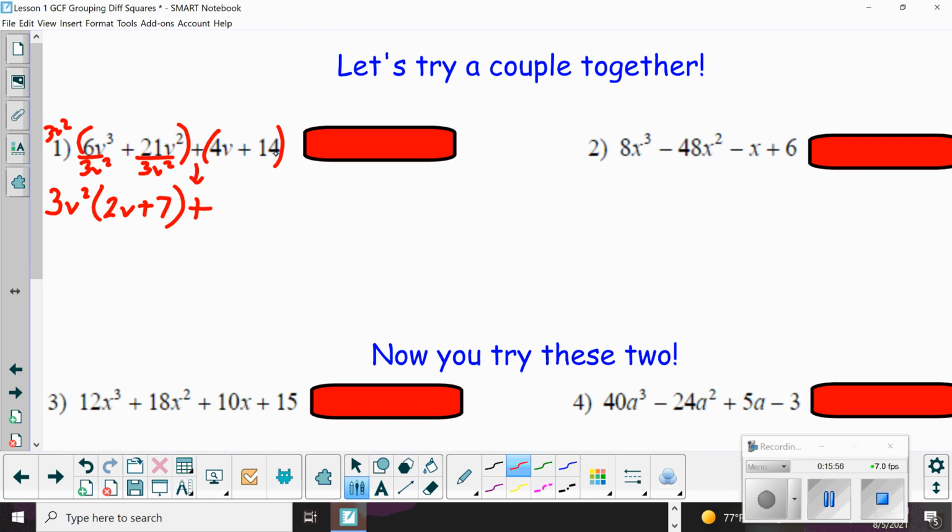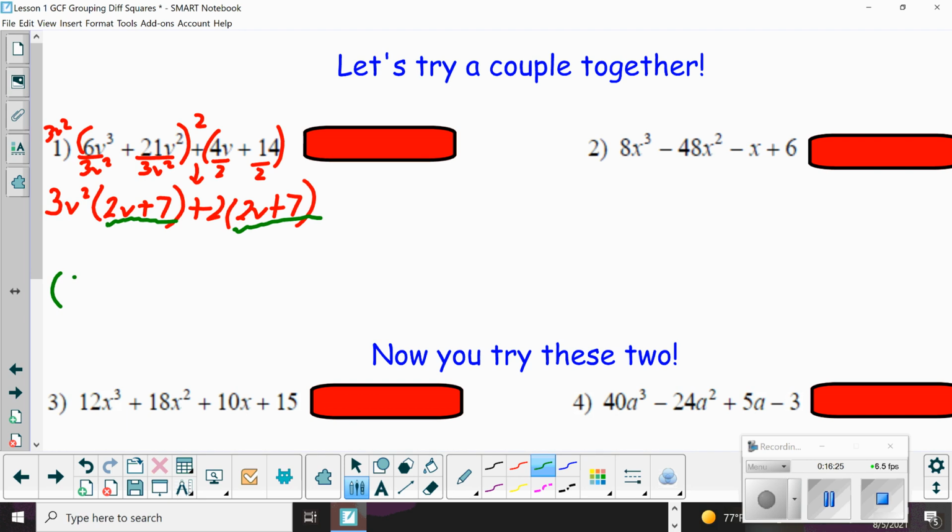Now 4v and 14, I can take a 2 out of both of those. And they don't both have a v, so I can't do anything else. So I'm going to get 4 divided by 2 is 2v, plus 14 divided by 2 is 7. Now, notice I have 2v plus 7 and 2v plus 7.